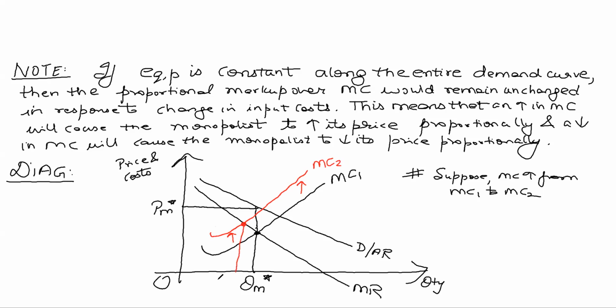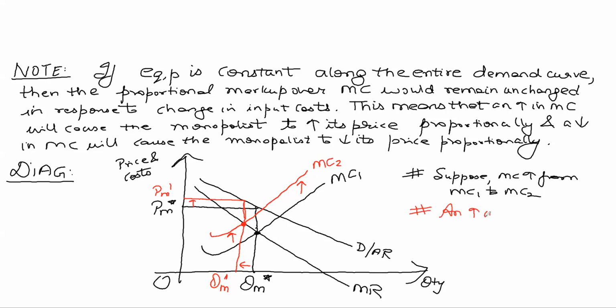So you can see the monopolist will reduce its quantity to QM dash and it will charge a higher price which is given by PM dash. So what do we learn?